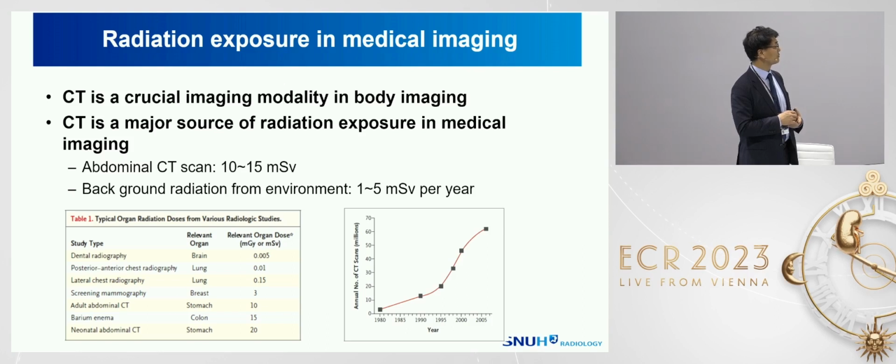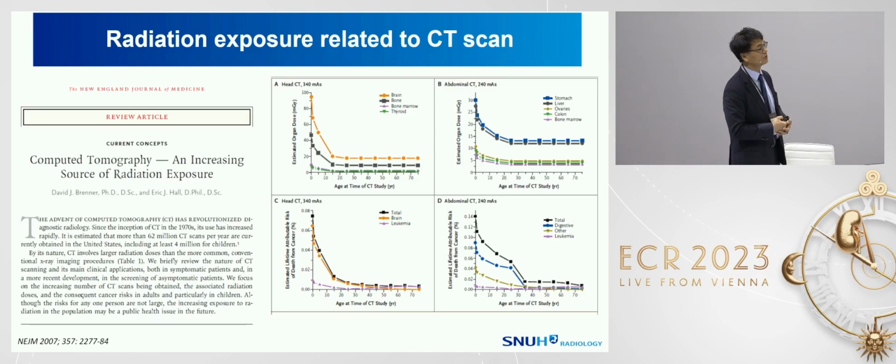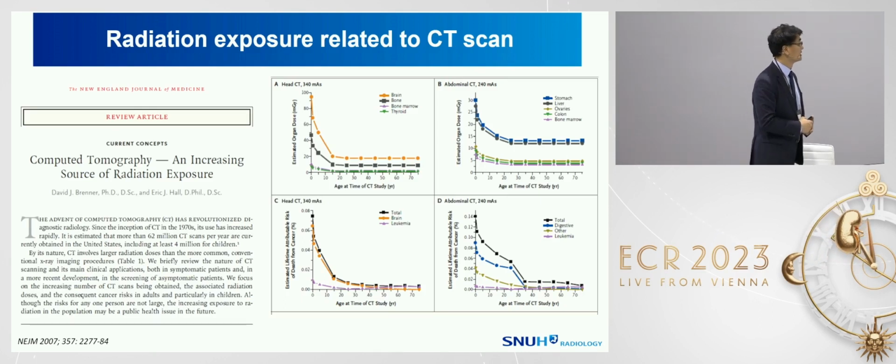Considering background radiation from the environment is 1 to 5 millisievert, if you take a single abdominal CT examination, you may have 3 to 5 times more radiation exposure compared to natural radiation exposure.